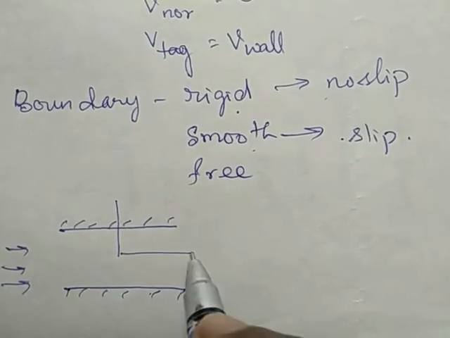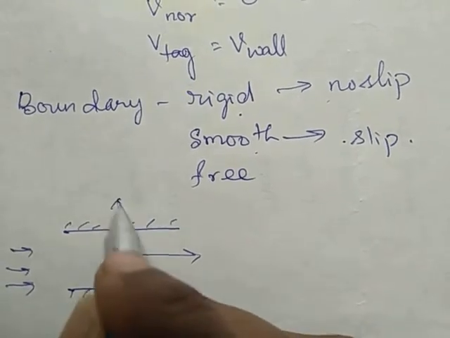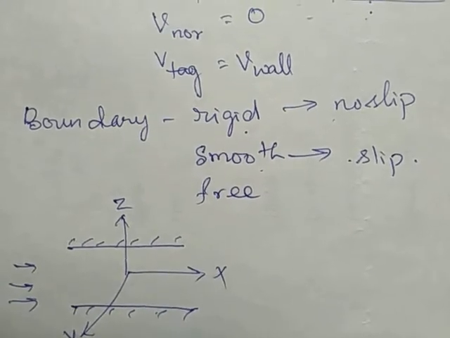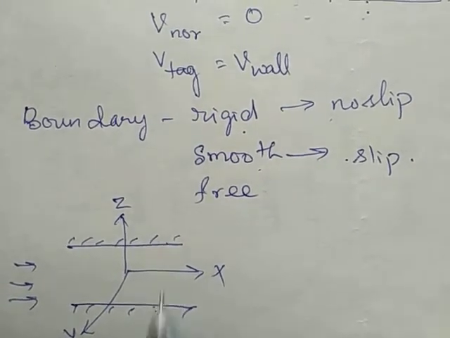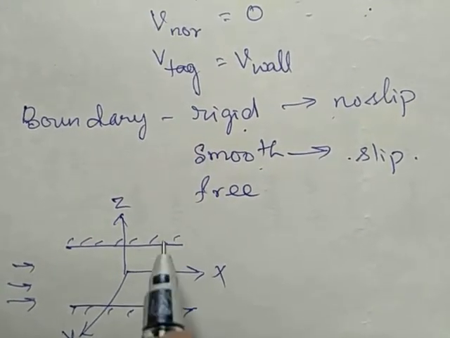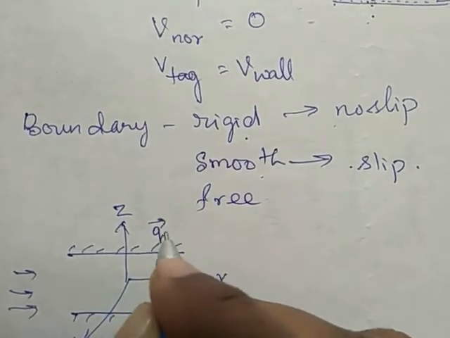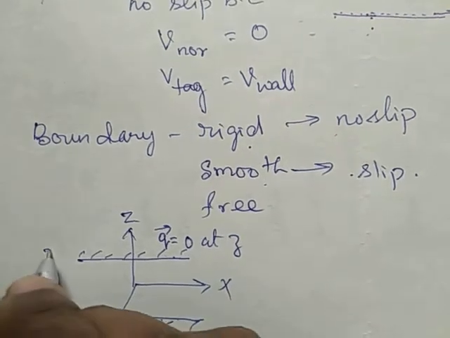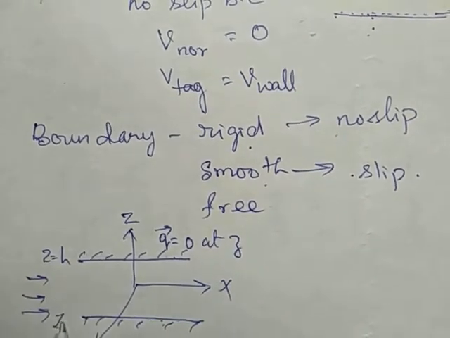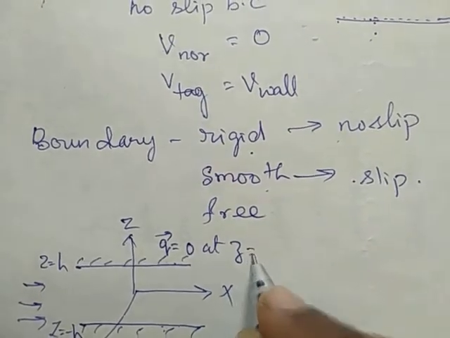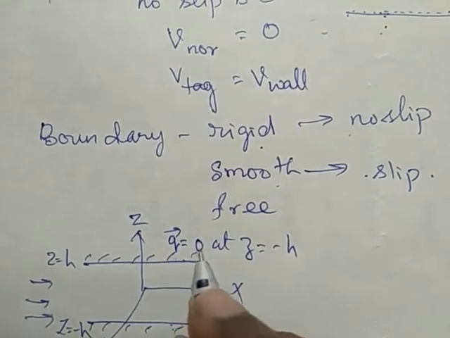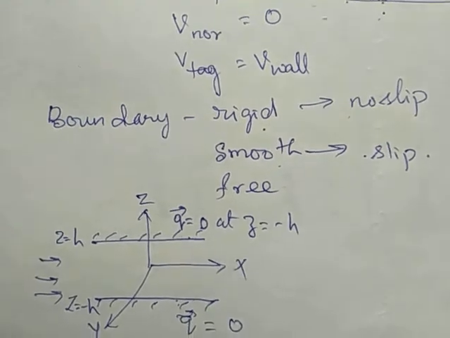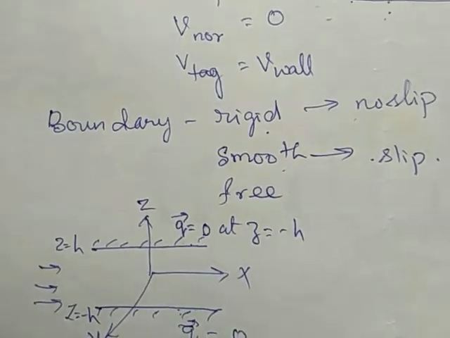Consider some axes x, z, y. Since these parallel plates are at rest, q, meaning velocity, is 0 at z equal to h and z equal to minus h. At z equal to minus h, velocity is 0. Here also velocity is 0. This is one example.